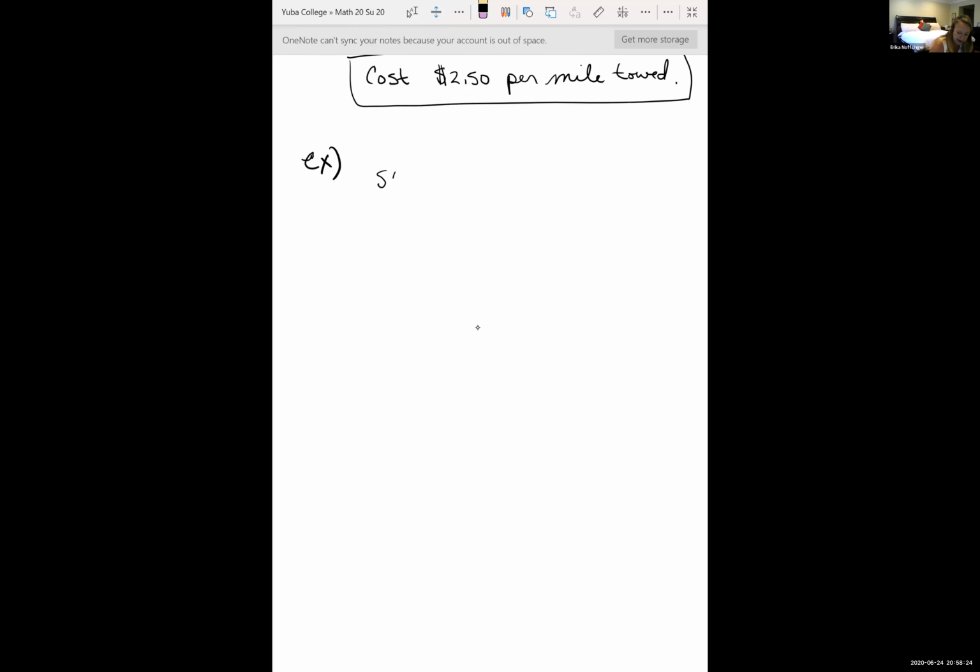So the supply, S of P, is equal to negative 2,000 plus 3,000 P. And the demand, D of P, is equal to 10,000 minus 1,000 P. Where P is the price of hot dogs.